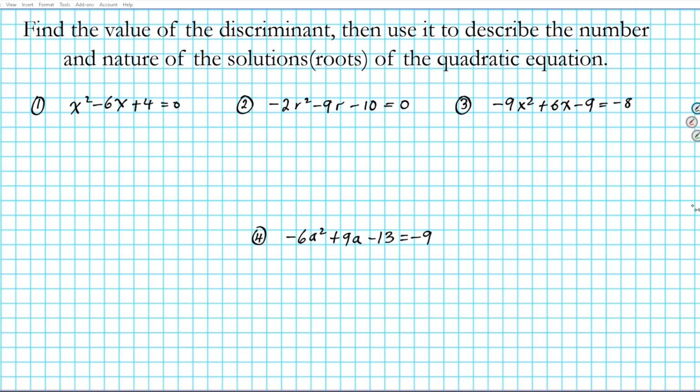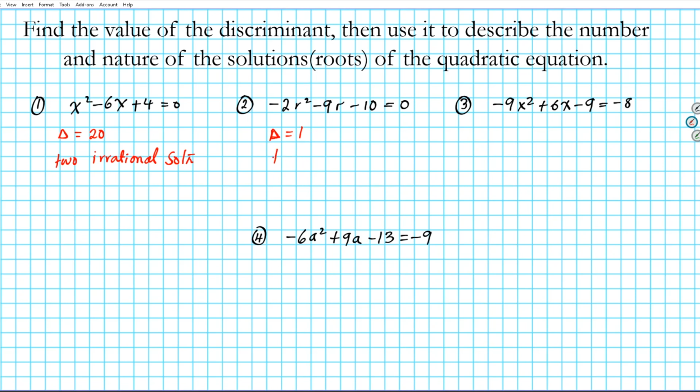Let's take a look at the solutions for question number 1. The discriminant is 20. So with that, we have 2 irrational roots, 2 real solutions. For number 2, your discriminant is equal to 1, which is a positive perfect square.